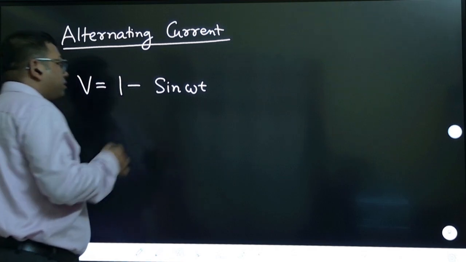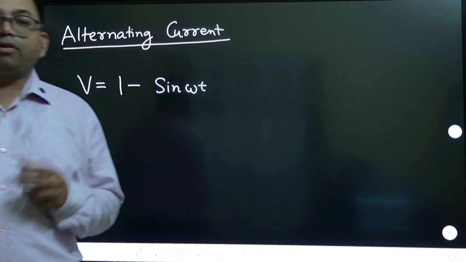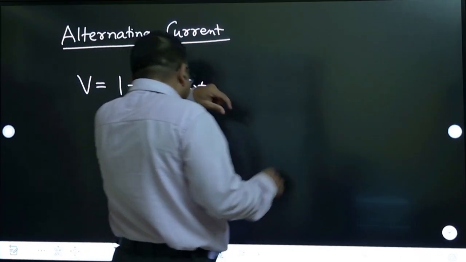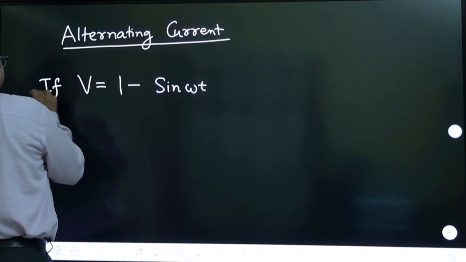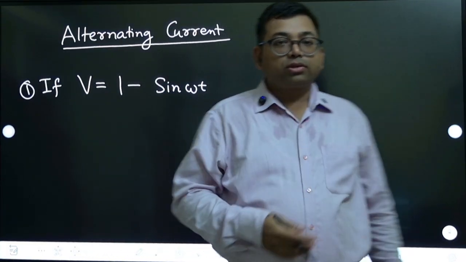Okay, this is the voltage versus time relationship. Now if they ask to find out the RMS value or average value of this voltage, this is question number one. Slowly, step by step, we will go and see the calculation.